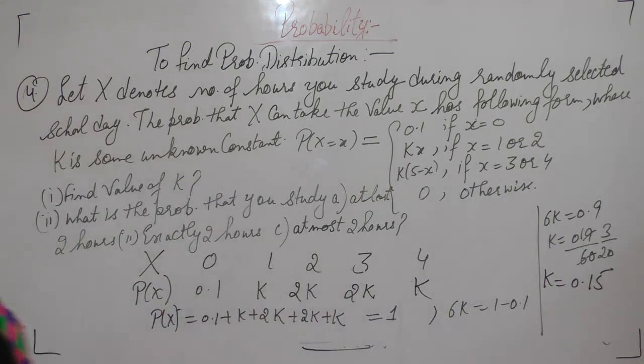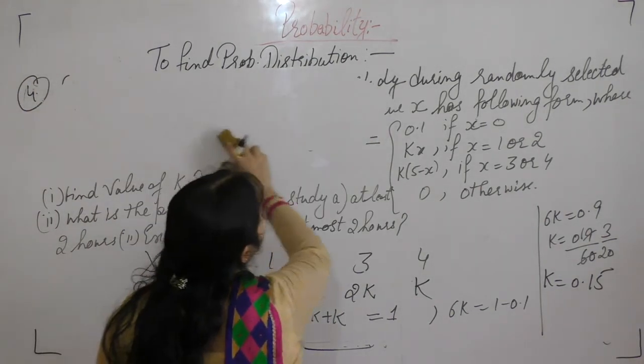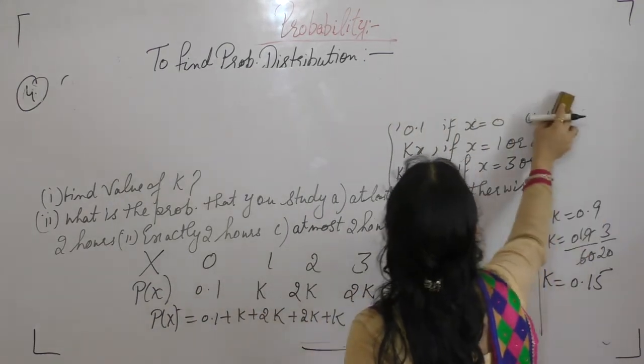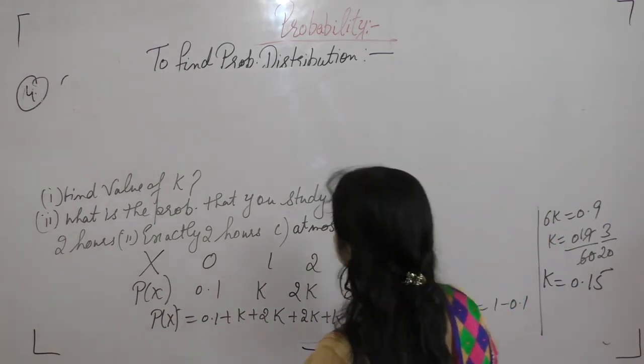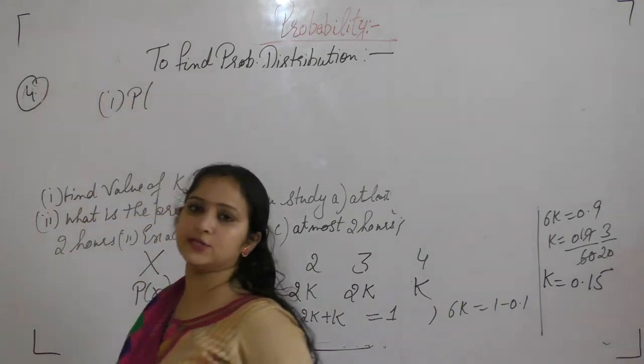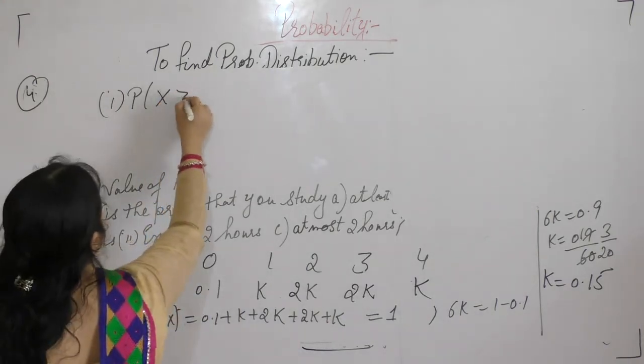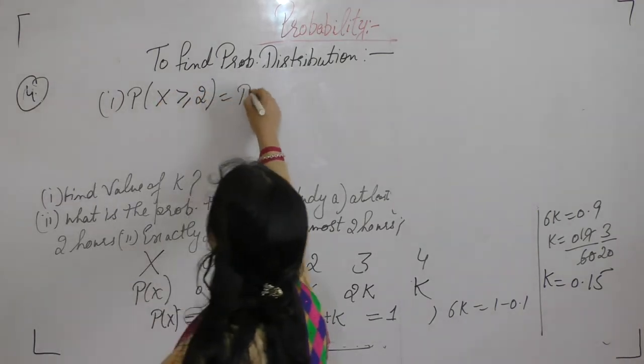Now we want to find the probability that we study at least 2 hours, meaning 2 or more. So x is greater than or equal to 2.